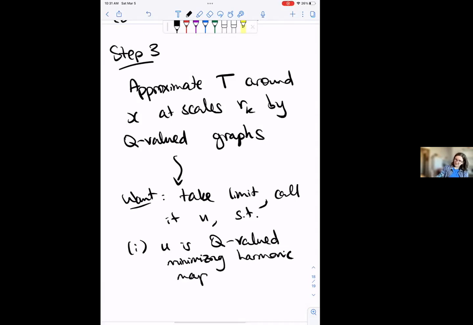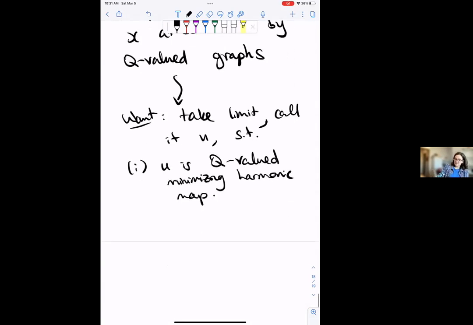Also, we want U to be non-trivial, so not Q copies of a classical harmonic function, so not the first case in this dichotomy.